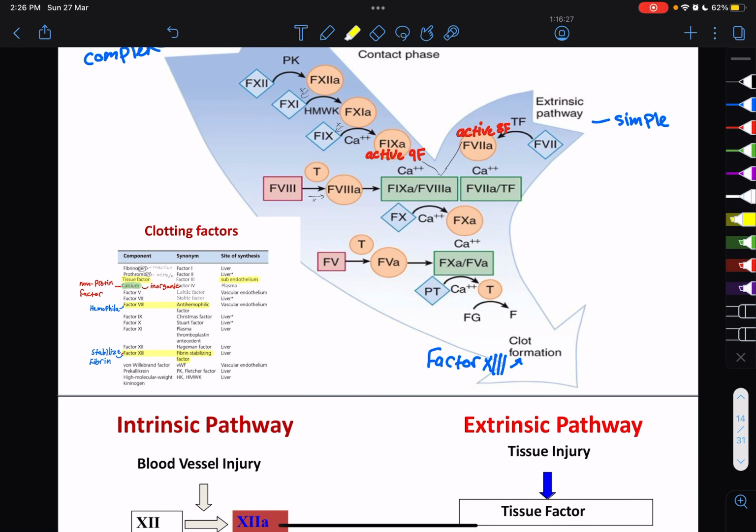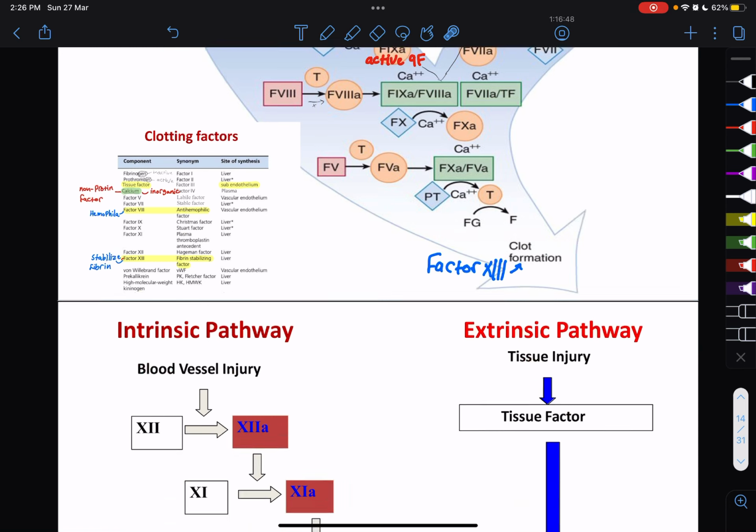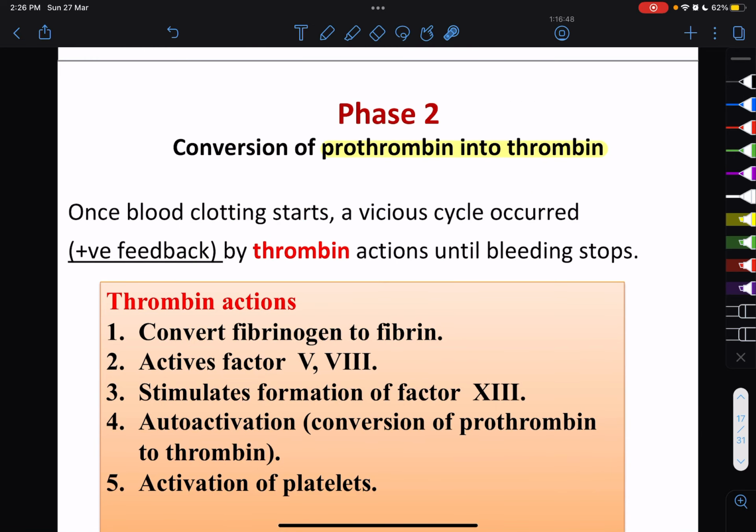If it is formed, it will go back as a feedback, and it will activate more factor 8, more factor 5. So factor 8 activation and factor 5 activation is also done by the thrombin. So thrombin has multiple actions, many actions. Okay? The main one is definitely fibrinogen to fibrin. Did you get that? Did you see the role of the thrombin here? Okay.